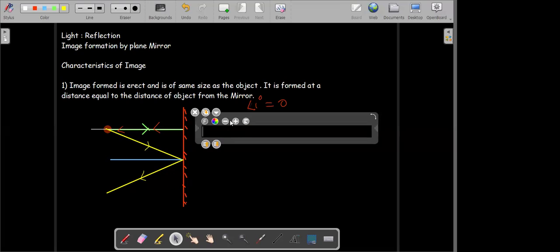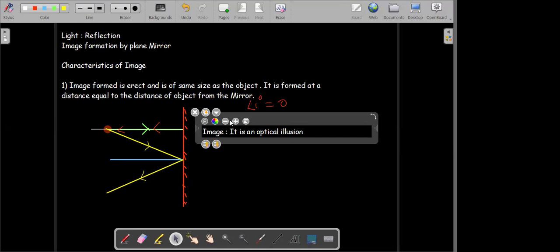Okay, tell me what is image then? Yes, what is image? It is an optical illusion. Okay. We call image to be an optical illusion.